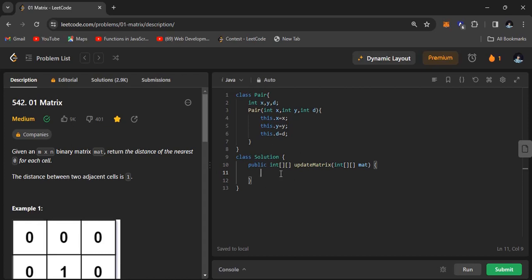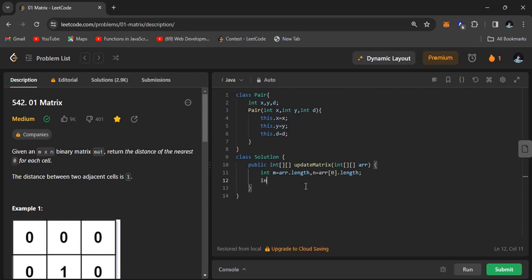For simplicity, let's name the grid array, and let int m be the row length equals array dot length, and n equals the number of columns, array of 0 dot length, m rows and n columns.